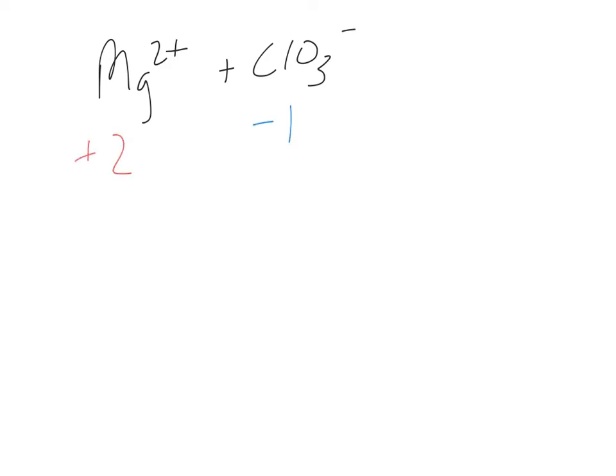For instance, number 24, where you have magnesium 2 plus and chlorate. All right, well, I have two magnesium charges here, but one chlorate ion. So this is like a plus 2, and this is like a minus 1. So I need two of these to equal one of these.